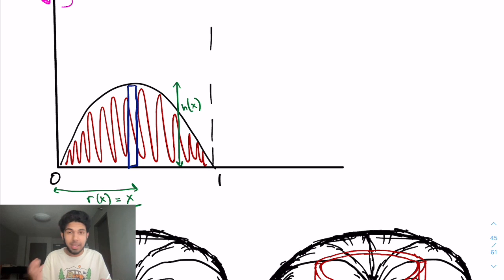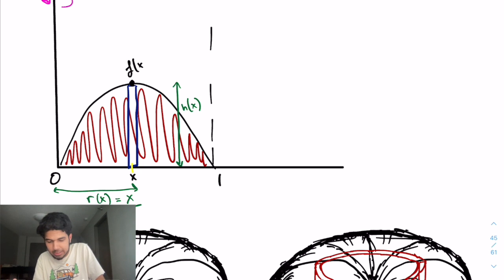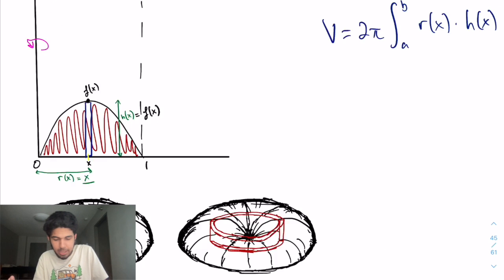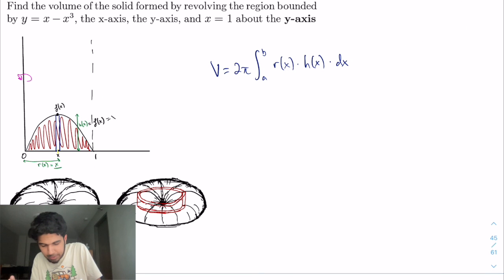Okay. H of x, well, when we're at this point x, our h of x is going to be whatever value we're at on the function, which is f of x. So h of x equals f of x. F of x is x minus x cubed.